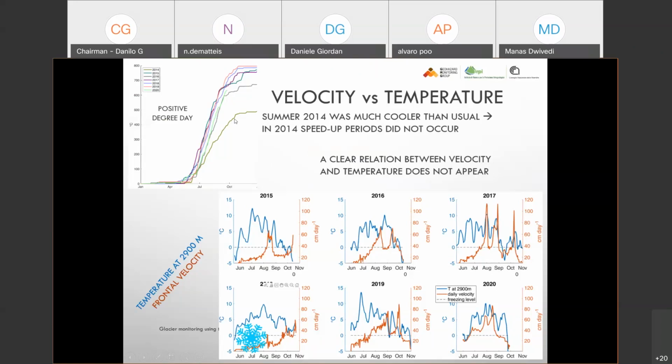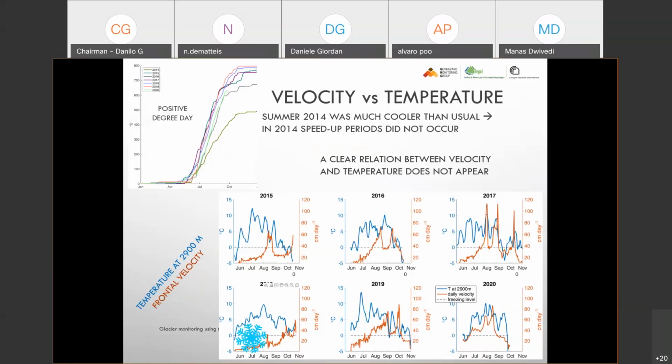This line is the positive degree day index of 2014. And in fact, in this year, we did not observe acceleration, those speed up periods. And therefore, the temperature appears to be linked to the velocity.